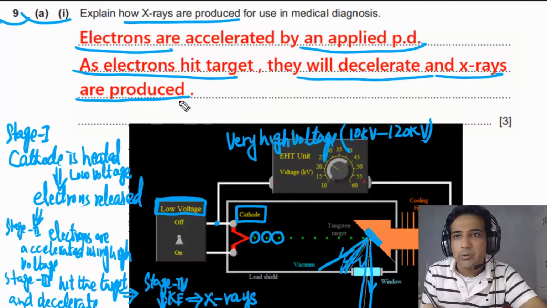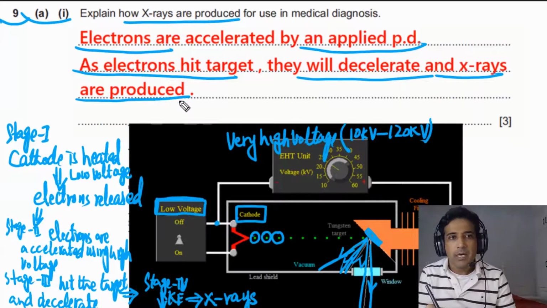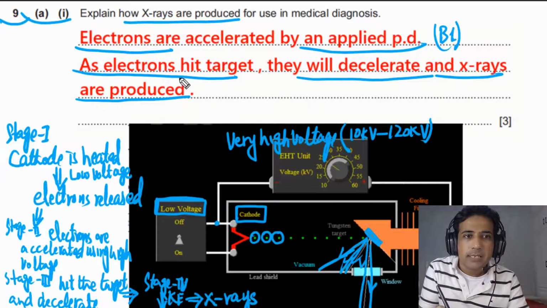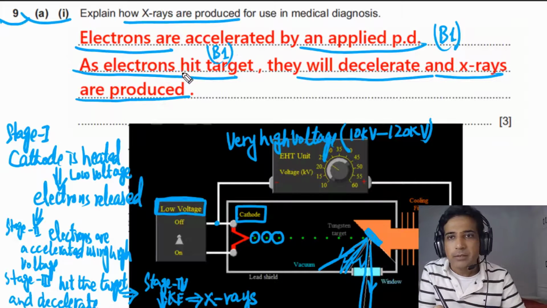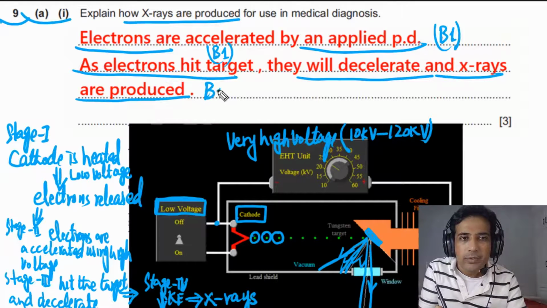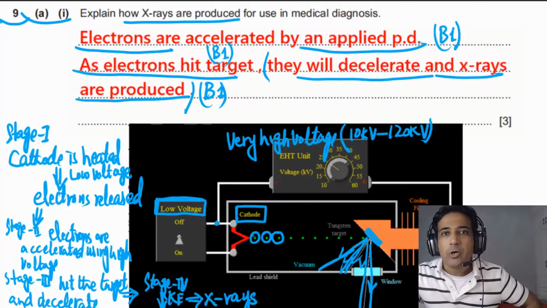So this is how you will get 3 different marks. This one is a B mark. The second B mark you will get if you have written electrons hit the target. And the third B mark you will get if you have written X-rays are produced when electrons decelerate. This is how marks will be awarded.